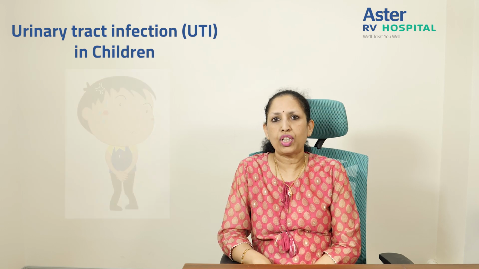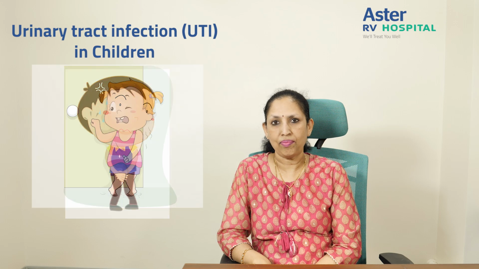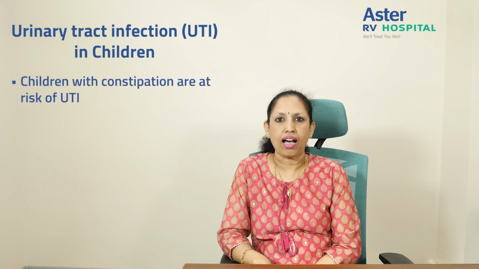Now, older children have a habit of holding on, especially when they're in school. They tend to hold urine and not pass it at the right time. They may even hold their poop and not do their potty regularly. So children with constipation are at risk of urinary tract infection.